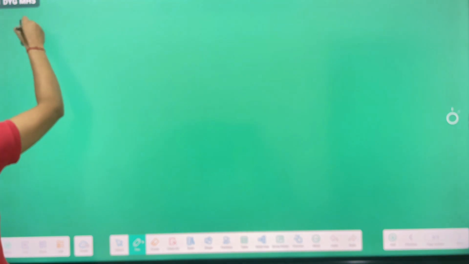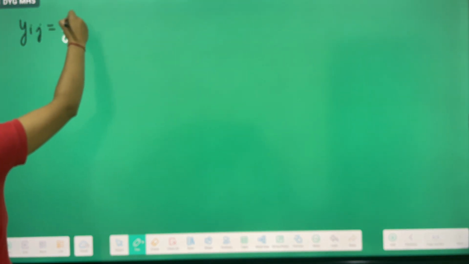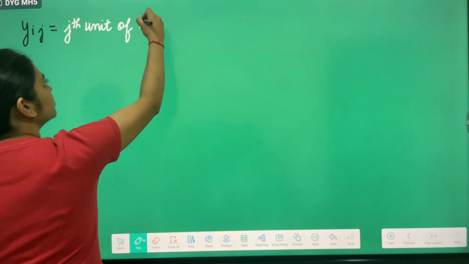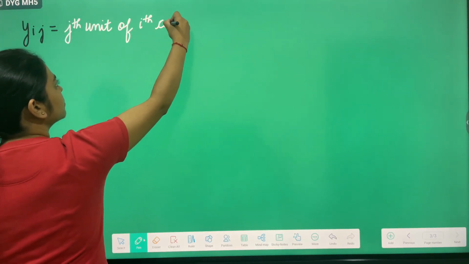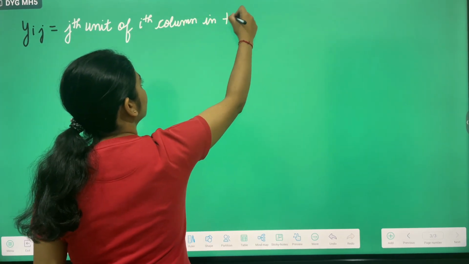Now, if we talk about small yij, this is the jth unit of the ith column in the sample.